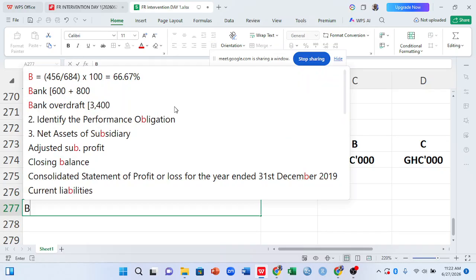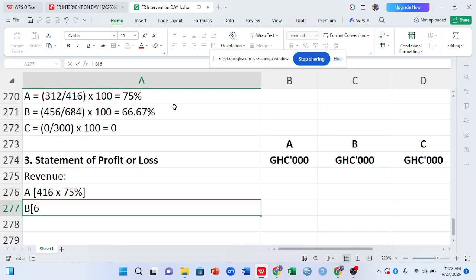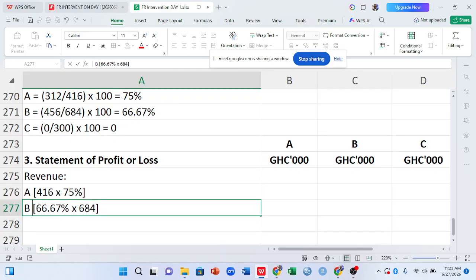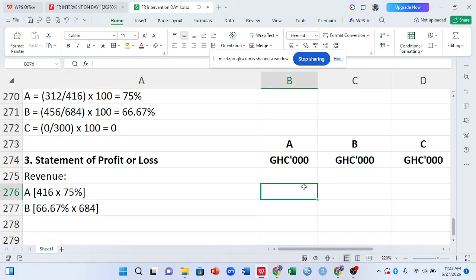That'll give it for A. B will be 66.67% multiplied by the contract price, which is 684. For C, we'll come to C. So let's calculate for A and B. What is the revenue I get for A and B?